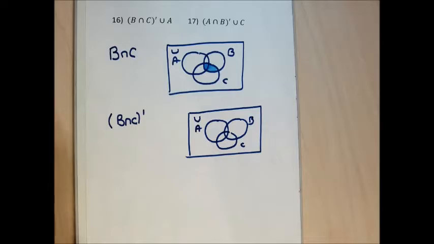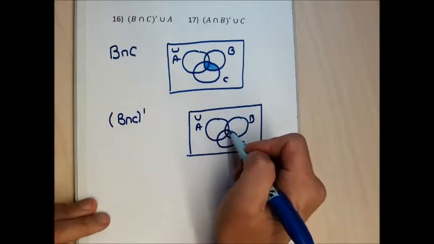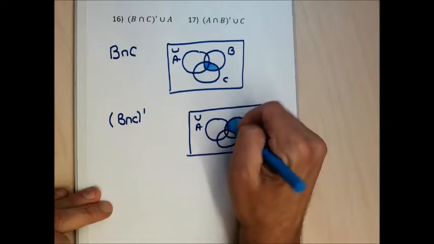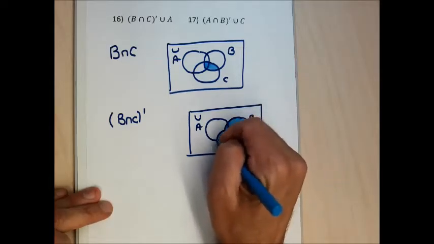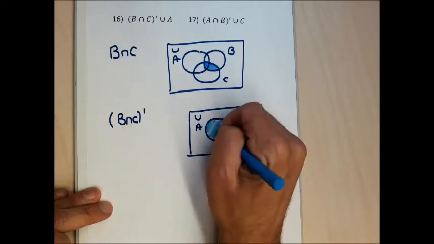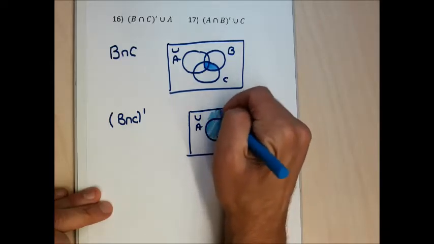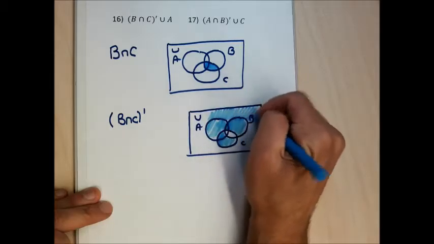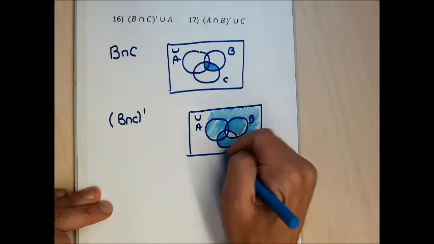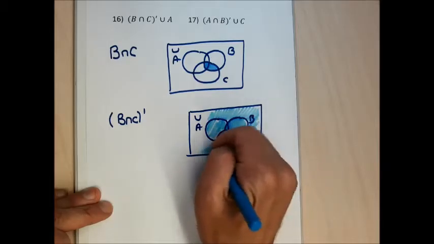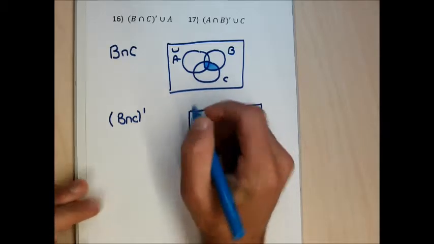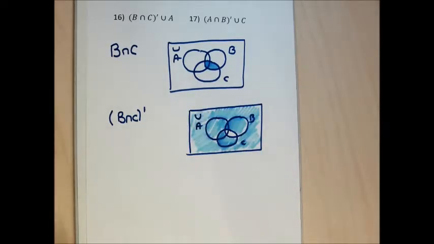So B intersection C complement is everything outside that, everything that I haven't shaded above is going to become shaded to do B intersection C complement. I got my new markers, but I don't like them. They're harder to draw with than the markers that I've used forever. So that's a picture of B intersection C complement.